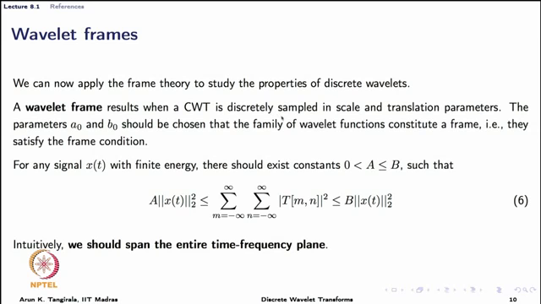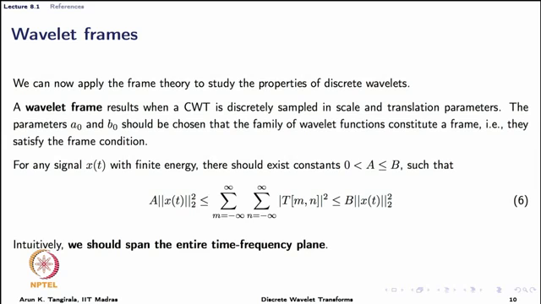So, discrete is sampling in scale and translation parameters, and the a naught and b naught should be chosen such that this frame condition is satisfied for the wavelet coefficient. So, your T of m comma n is nothing but the inner product of the signal f with the discrete wavelet at scale a naught to the m and translation location n.